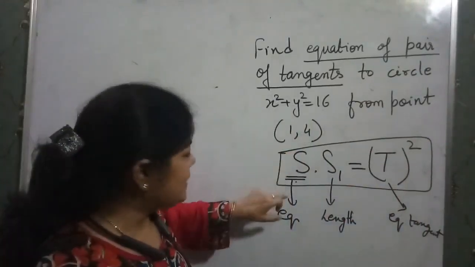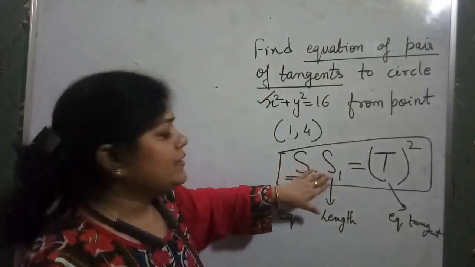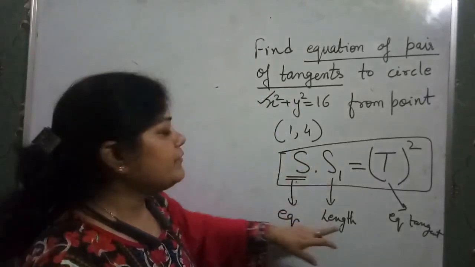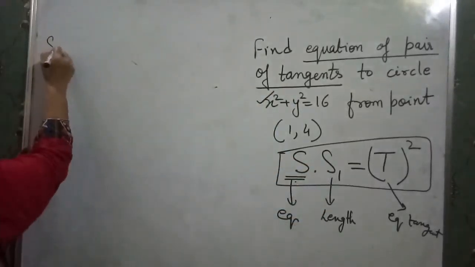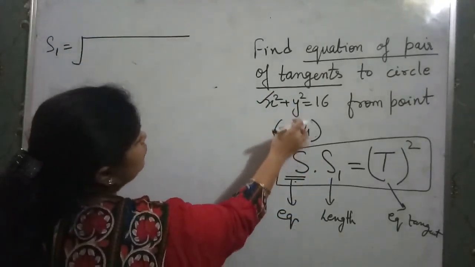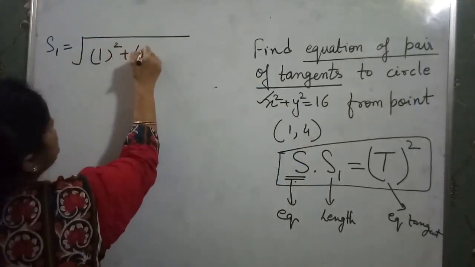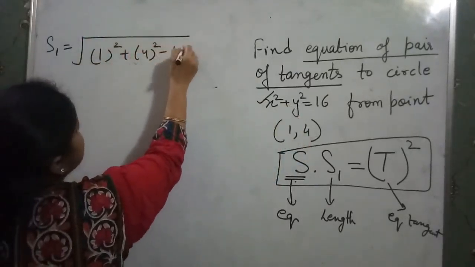Now we have S, that is the equation of circle. This is this one. Now S1, that means we have to find the length of tangent. Firstly find the length of tangent, which is equal to under root, put 1 and 4 here, we have 1 square plus 4 square minus 16.